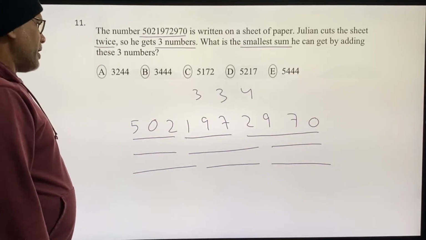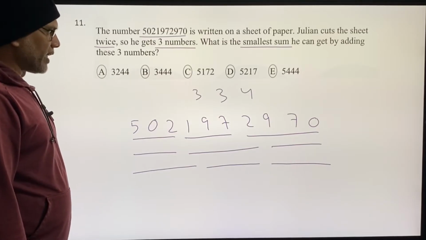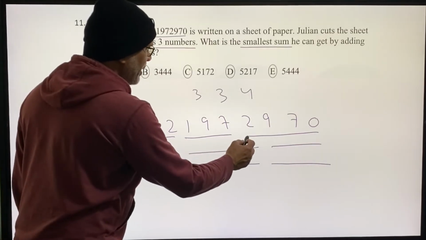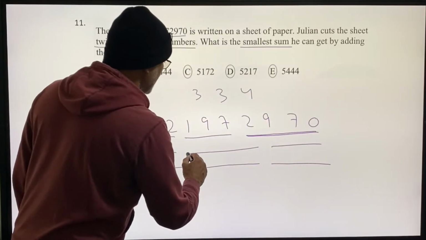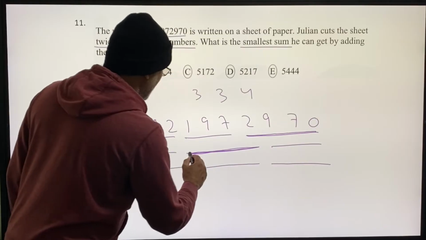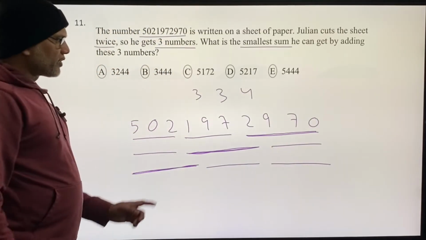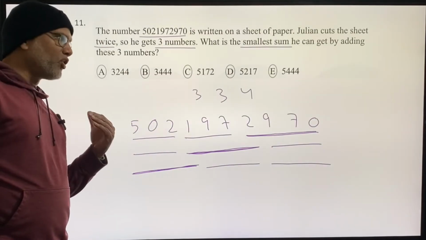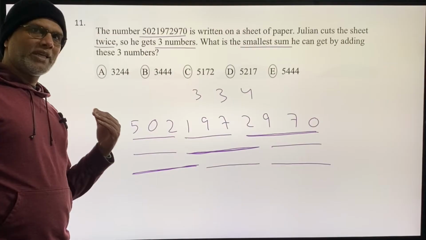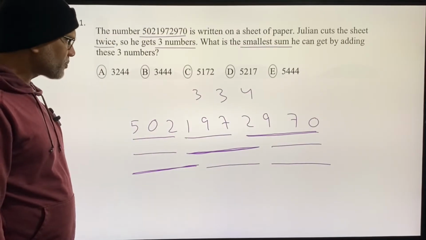Okay. Now think about it. Wherever we have the 4-digit number, so in this case, this is the 4-digit number. In this case, this is the 4-digit number. In this case, this is the 4-digit number. For the 4-digit number, we want the leftmost digit to be as low as possible. We don't want it to be a higher number, right?